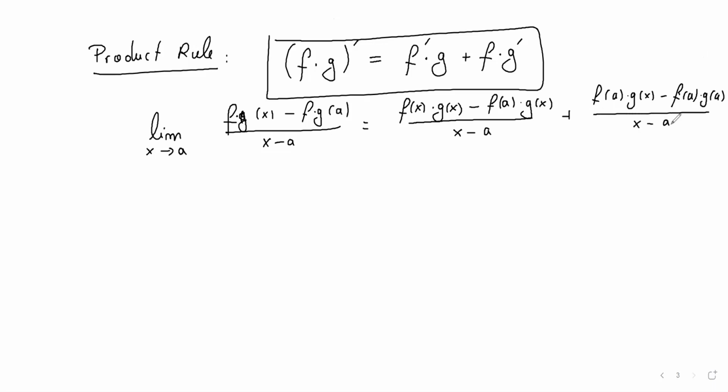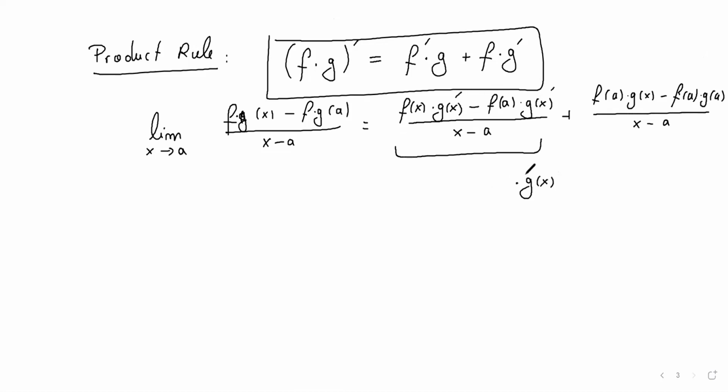So this is equal to, and if you look here, you can factor g of x. So let's put g of x at the end. From this fraction, you can see that you've got this factor, but I'm going to write it at the end here.